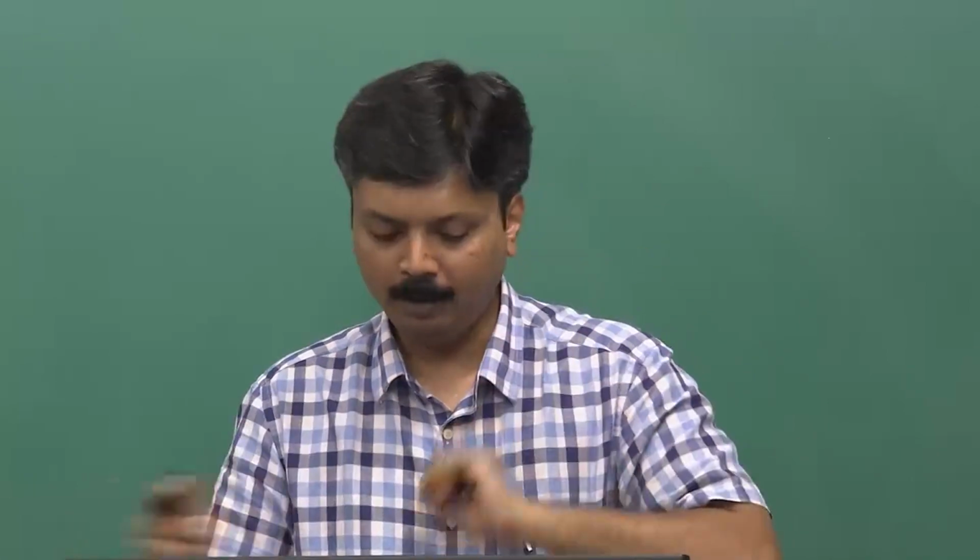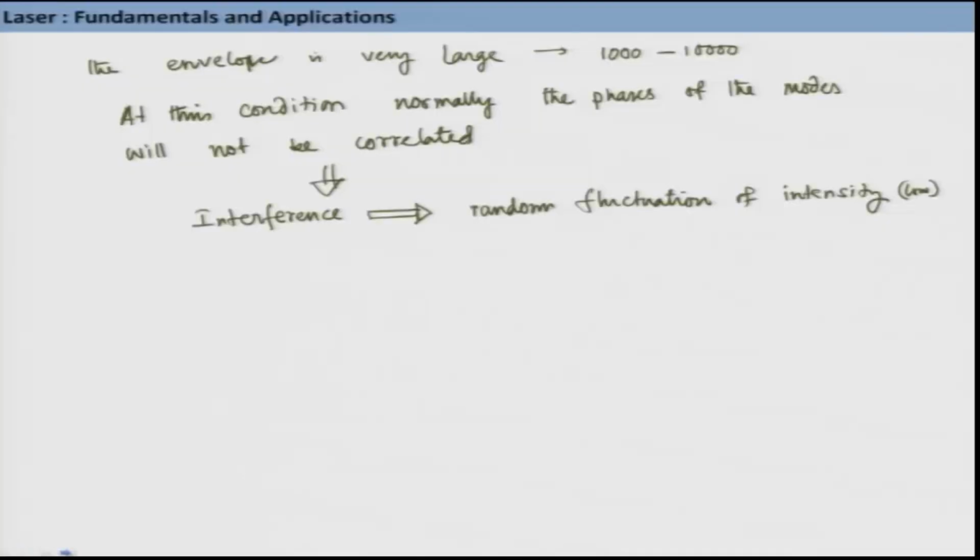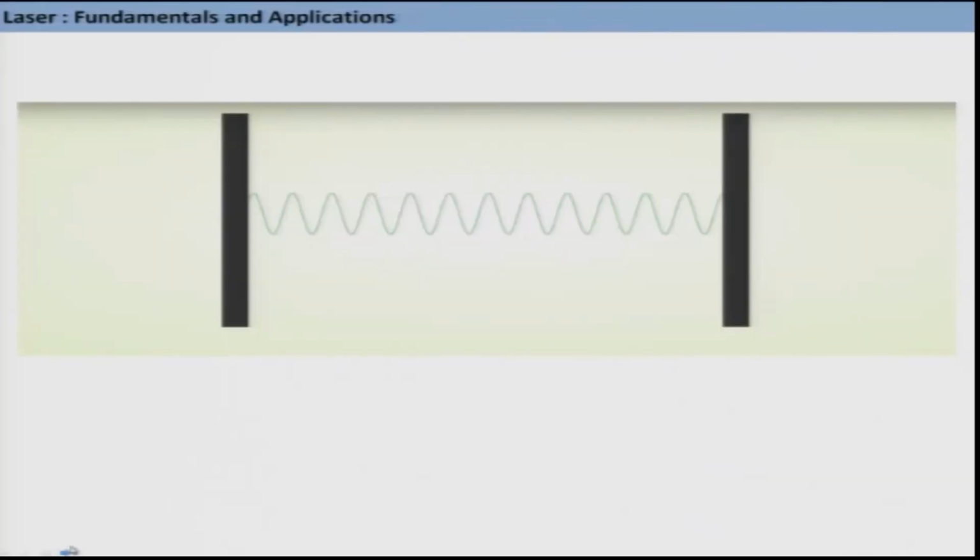So, let us look at this situation pictorially. Let us consider a cavity and a particular mode. This green color is one particular mode. Let us call this mode 1 in this picture.